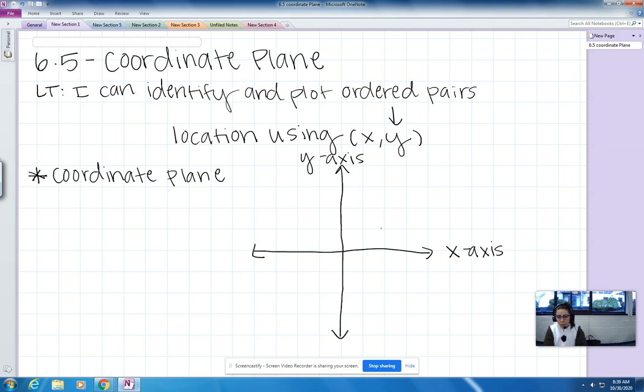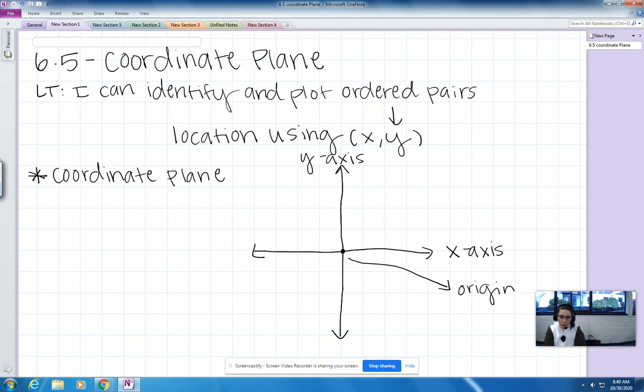Before I talk any more about the coordinate plane, I want to talk about the very middle point here. This very center point has a special name. It is called the origin. The reason it's called the origin is because when we are finding ordered pairs in our coordinate plane, we always start here. We originate here.